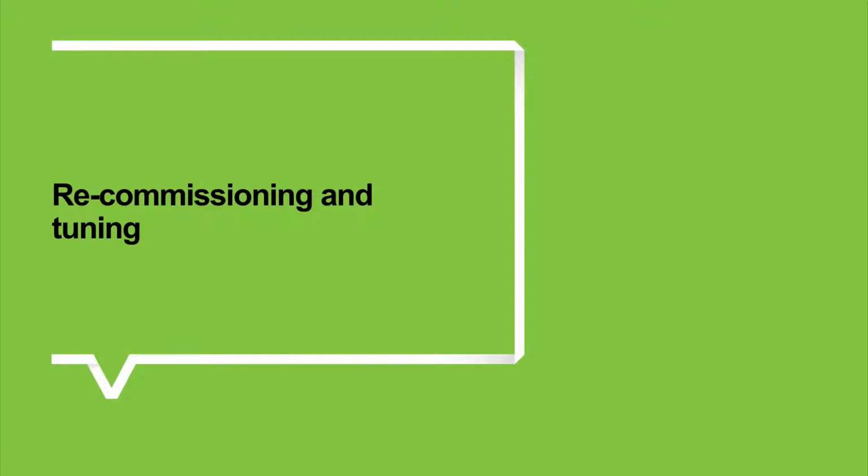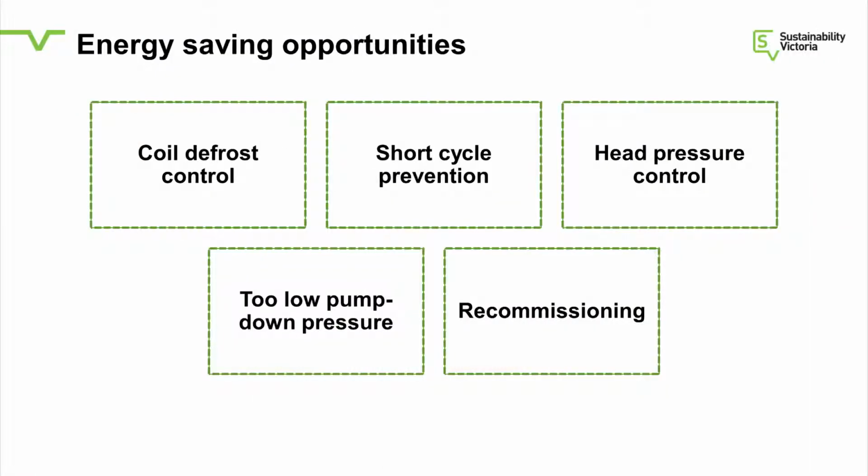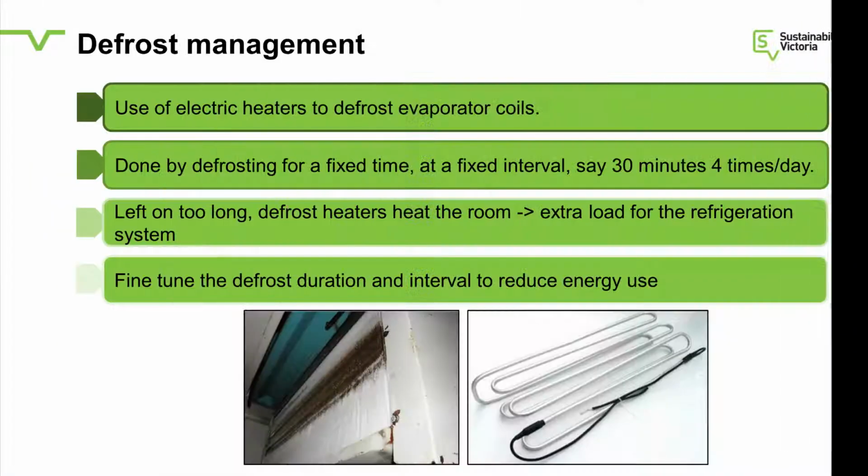Without even having a look at it, there's a 70% chance of having a gain. And the sort of things that you'll look at would be coil defrost, making sure that that is properly done, preventing short cycle operation of the compressors, controlling the head pressure so it's at a reasonable level, controlling the low pump down pressure, which I've mentioned a few times, and the process of doing that is called recommissioning.